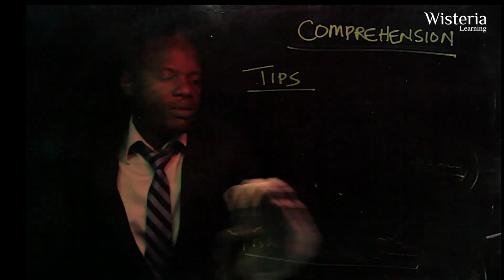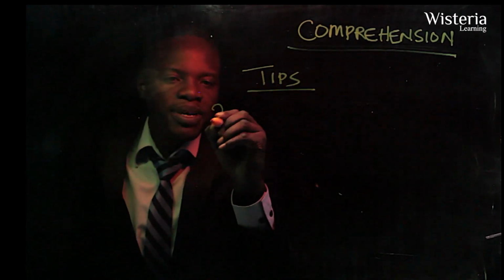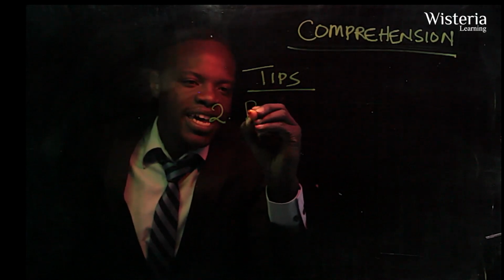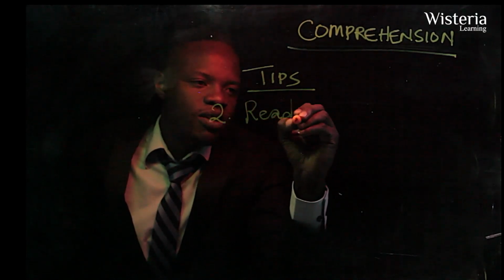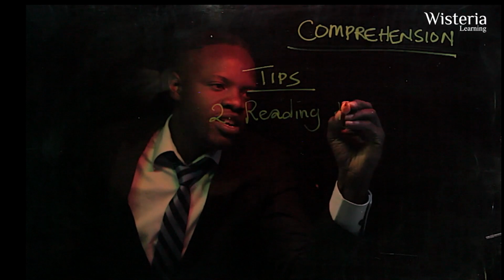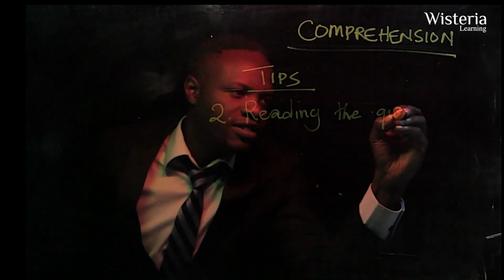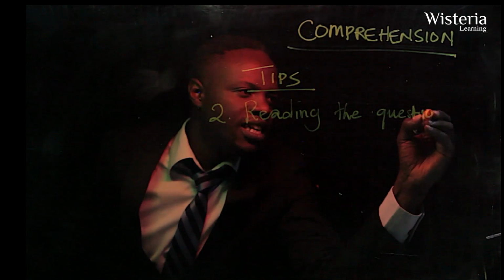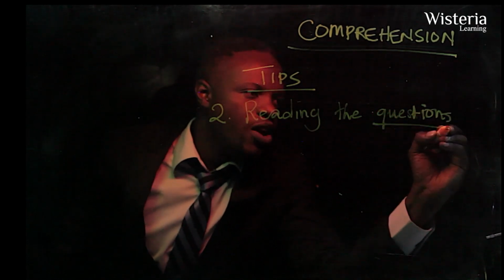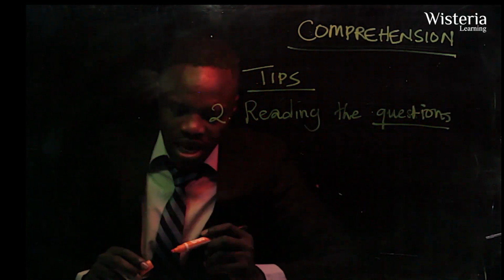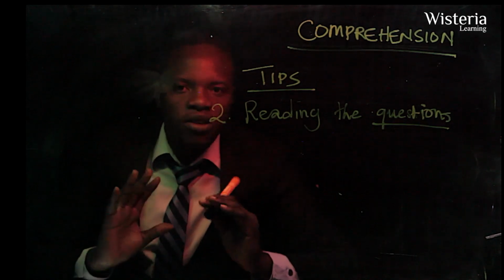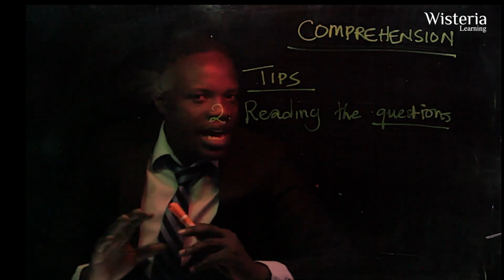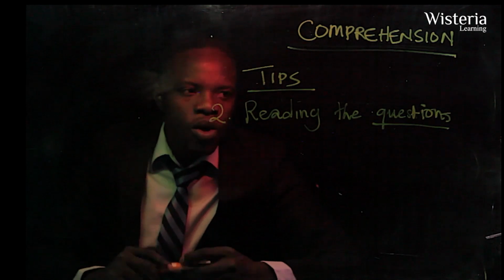Tip number 2 is, again, something that's painfully obvious. Read the questions. Before you attempt to answer anything, read all of them. There will usually be 10. At this point, you're not answering anything, you're just reading. Why?